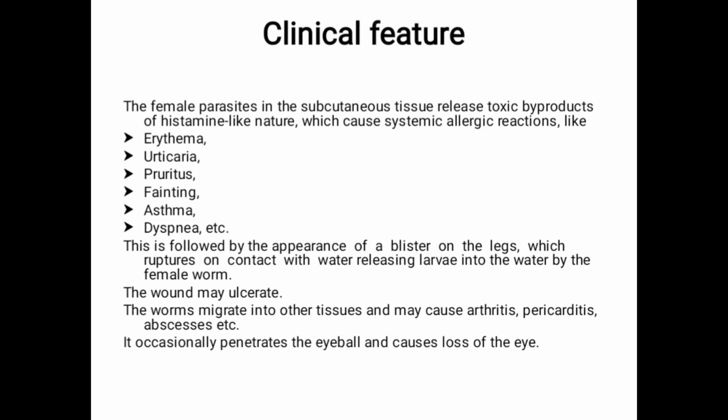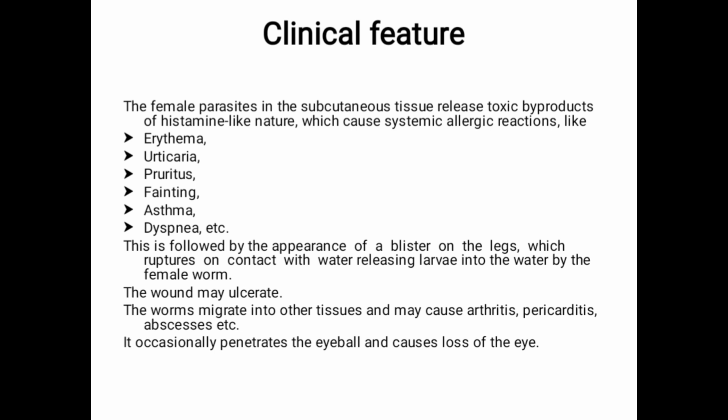Those toxic products cause the skin to be porous, which causes systemic allergic reactions like erythema and urticaria. Urticaria is the swelling of the skin, which becomes somewhat red. Then you have pruritus, which is itching.